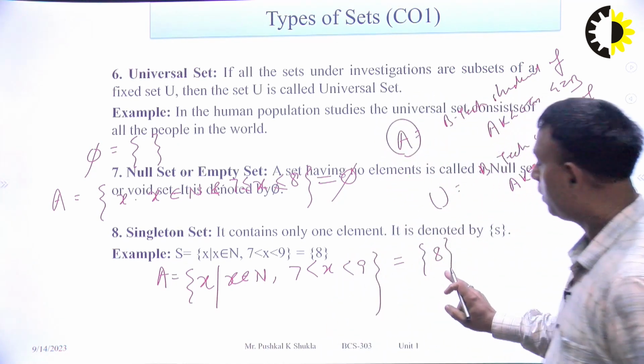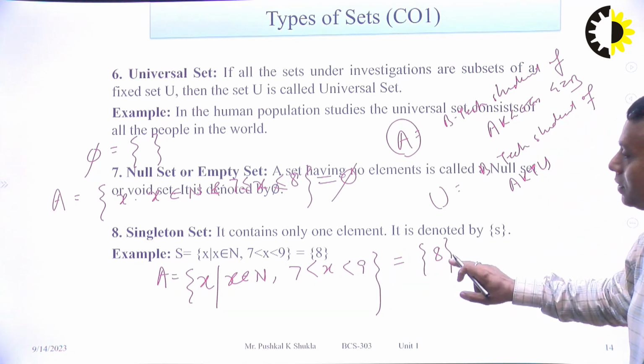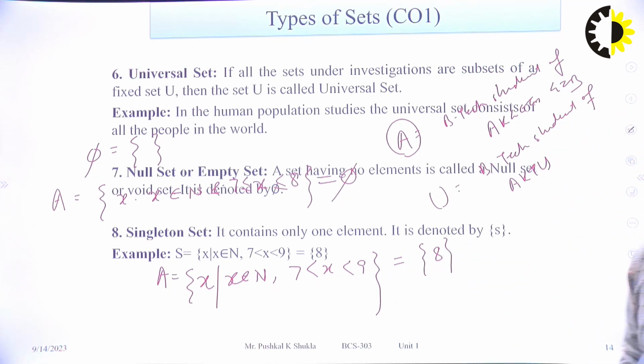So only x equal to 8 lies between 7 and 9. So this is the singleton set. This is the example of the singleton set.